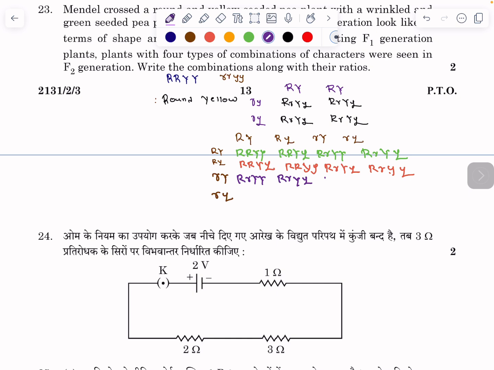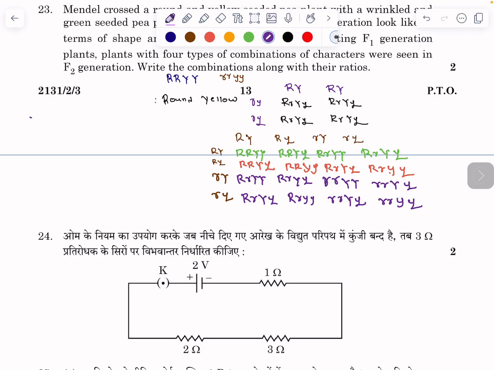Here both are small r's, one capital Y, another also capital Y, small r capital Y small y, capital R small r capital Y small y, capital R small y small y, small r capital Y small y, small r capital Y capital Y.